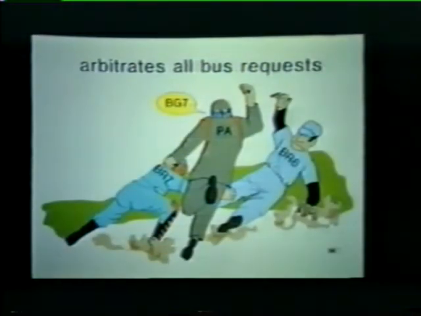That's one purpose of the priority arbitration logic. It acts as an arbitrator, or umpire, when more than one device requests the bus at the same time. For example, when a BR7 device and a BR6 device are contending for the bus, the umpire, or PA, awards the grant to the higher priority device, and in this case it calls for a BG7 grant.